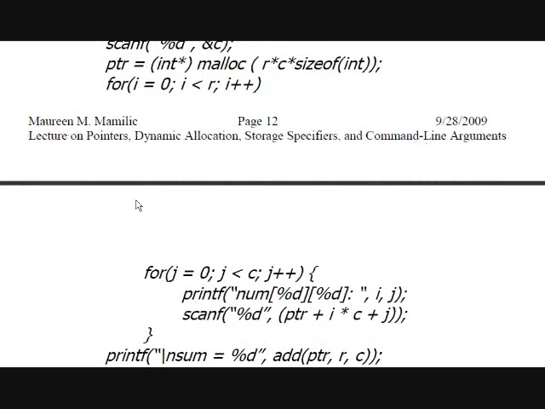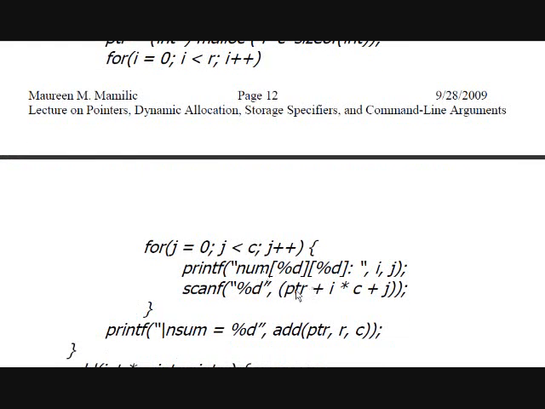Okay, now to store values in your dynamic array, so since it's two-dimensional, so we need a nested for loop. So the outer loop will be for the row counter, and the inner loop will be for the column counter. Now take note of our scanf. So take note of the structure. It is very important that you won't mix it up. So it should always be like this.